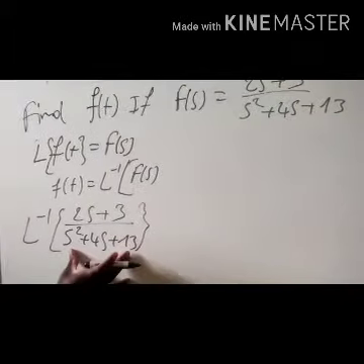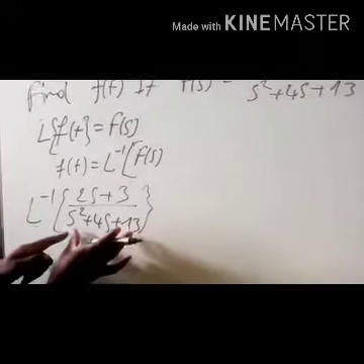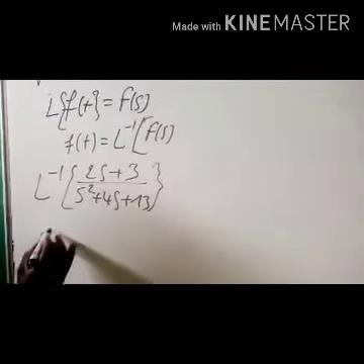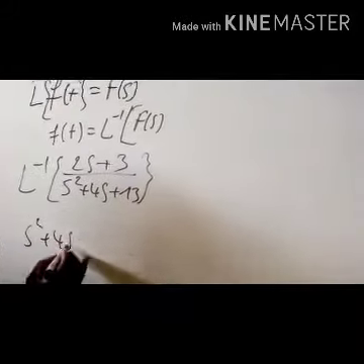For this formula, we are going to translate this form into the bracket form, s power 2 plus 4s plus 13.